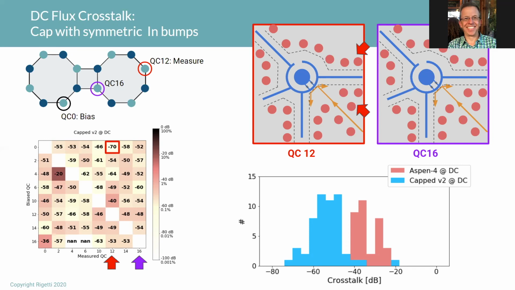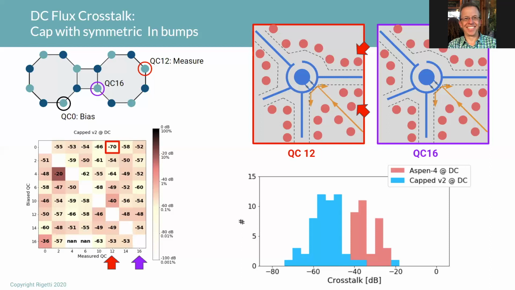And thus, we're not giving a chance for magnetic flux to be created near any of the other qubits. So this approach is one of many that we're using to reduce crosstalk on our devices and is a fundamental part of our architecture.